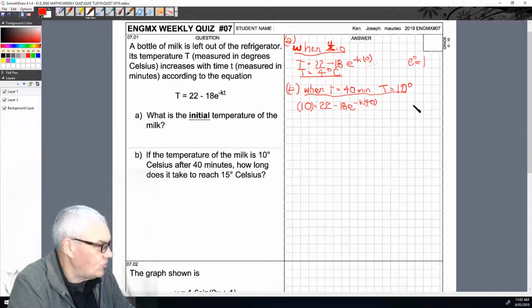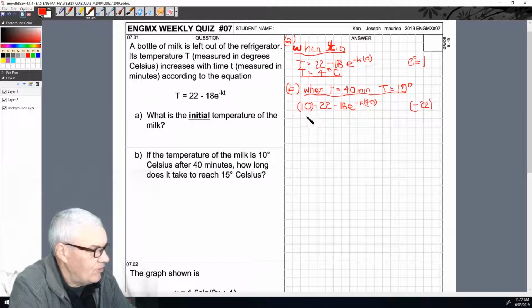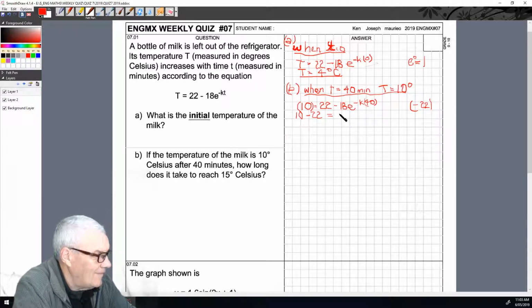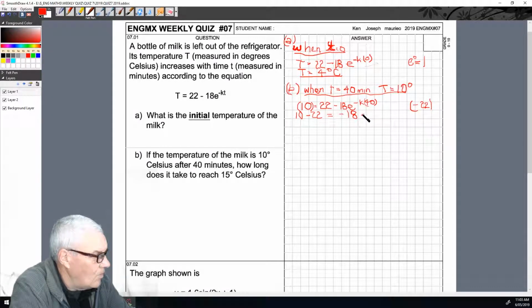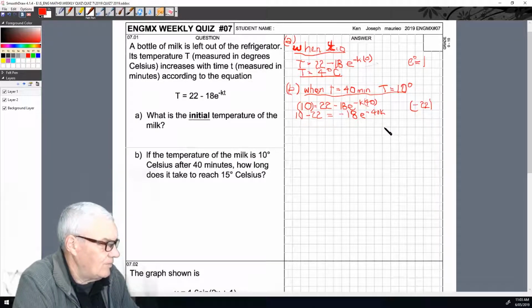Well, first off, let's subtract 22 from each side. So that's going to be 10 minus 22 equals negative 18e to the negative 40k.